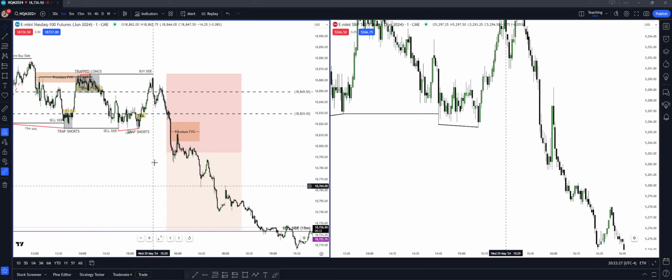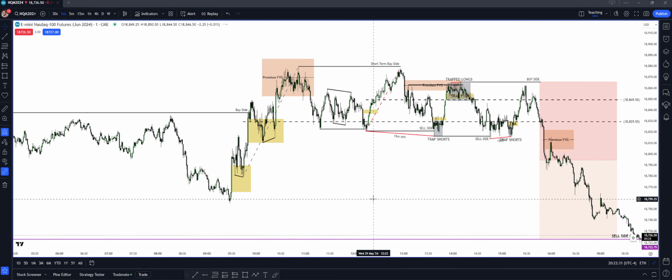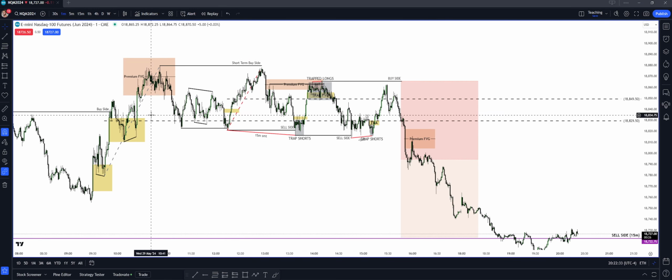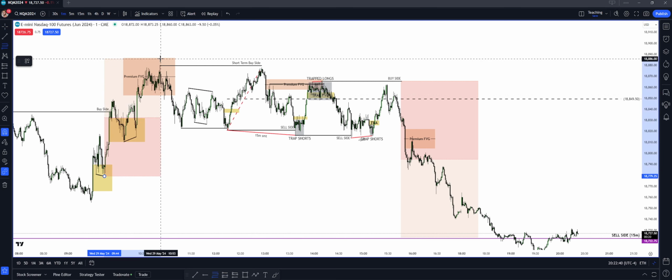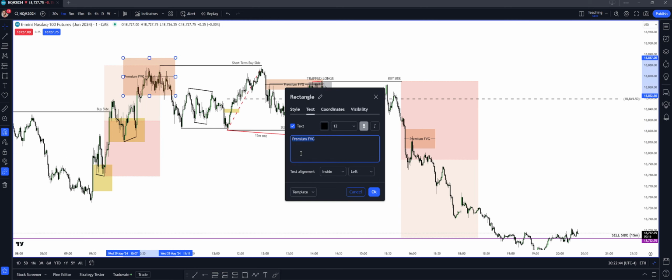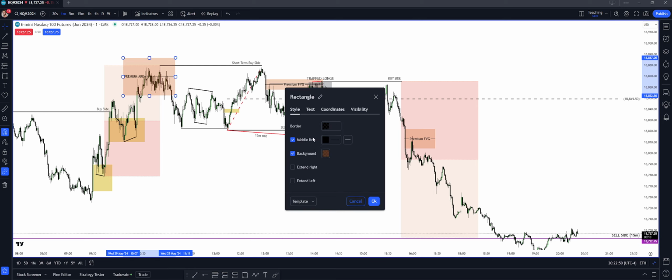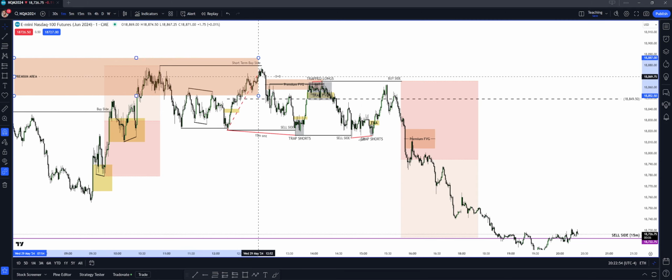I don't know how I'm going to post this in my channel, honestly. Let's delete this. Let me make this PD. So that's not a premium fair value gap, but it's just a premium area. Anything above this box is premium.